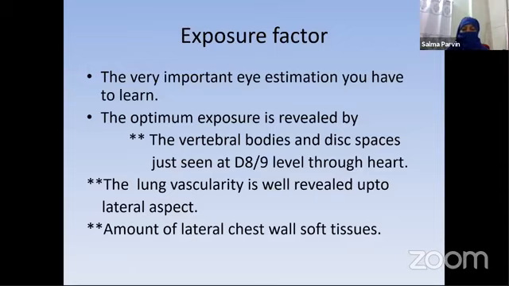And the lung vascularity should be well revealed up to the lateral aspect, along with the amount of lateral chest wall soft tissue. The amount of soft tissue seen along the neck, over the clavicles, and on the lateral chest walls of the lung fields is important.